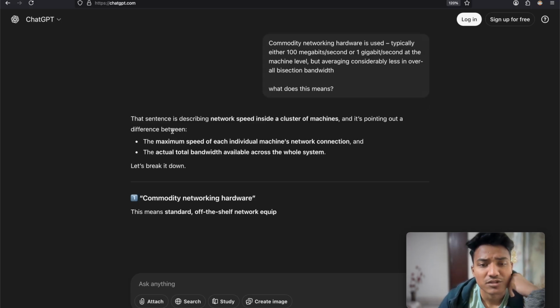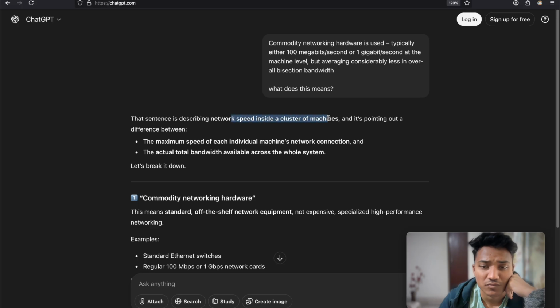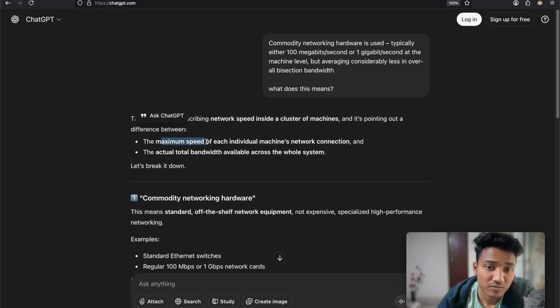The sentence is describing network speed inside a cluster of machines. I thought similar stuff, but it was phrased hard for me. It's pointing out a difference between the maximum speed of each individual machine's network connection and the actual bandwidth available across the whole system.